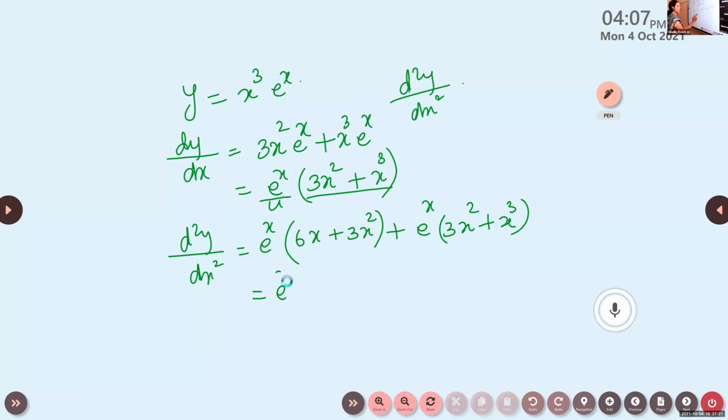So the answer will be e raised to x, and if you take it common, 6x plus 6x square plus x cube. Is it okay, Aditya? Are you getting this answer? Yes. If you want, we can take one x also as common. We can take x into e raised to x into, and then we can write.